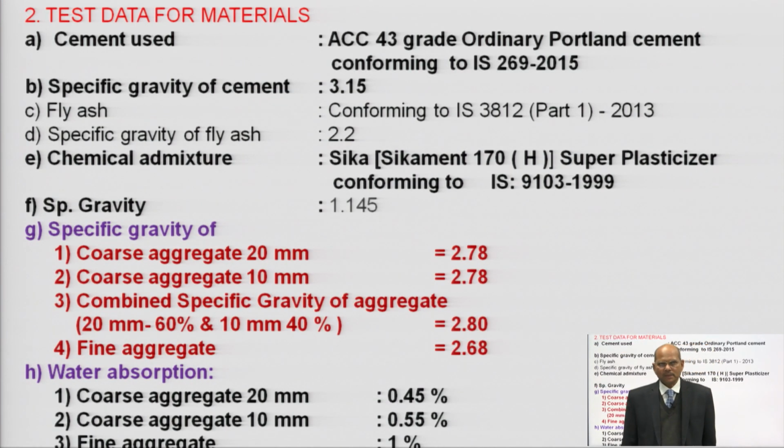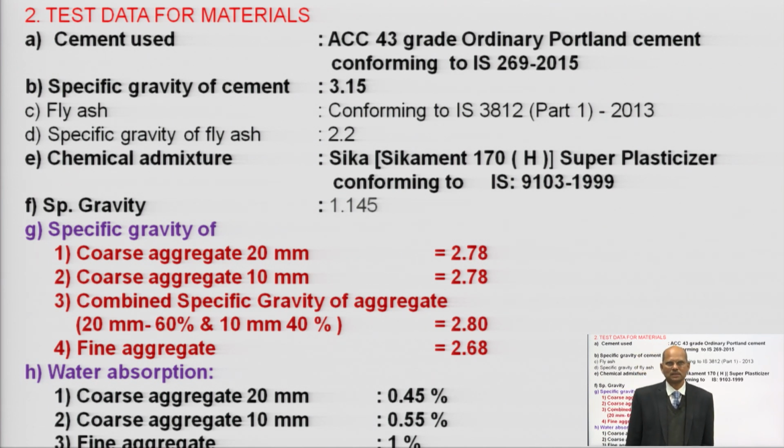Then after getting the material in the laboratory, we have to perform the tests and report. Like cement: we got 43 grade ordinary Portland cement. All the required tests have been conducted, and we have to confirm that it is as per the norms of IS 269-2015.